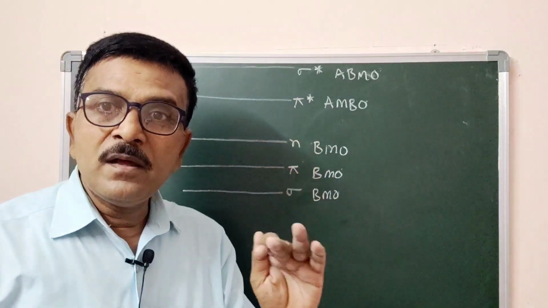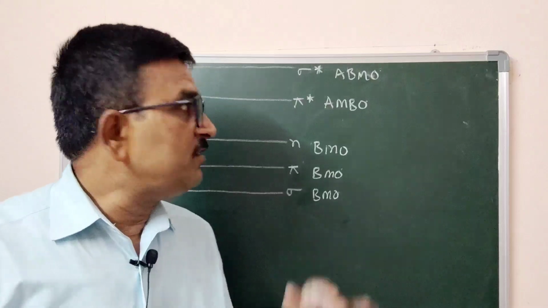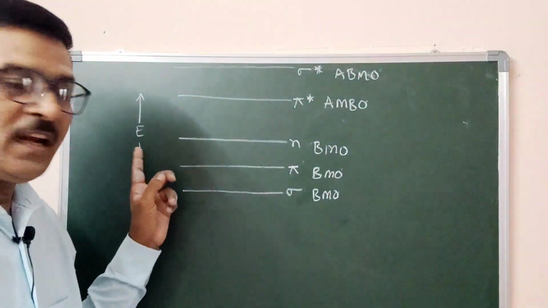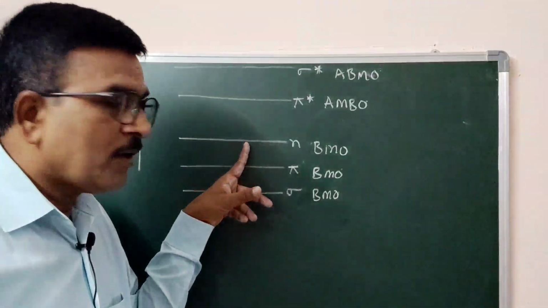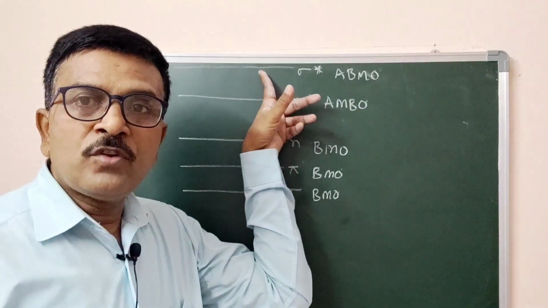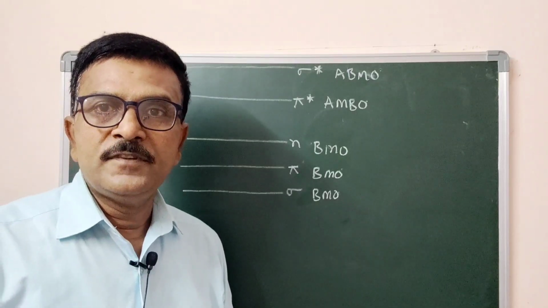These are the orbitals situated according to their energies. This is the energy increasing order: lower energy, somewhat higher energy, moderate energy, further higher energy, and most higher energy for the sigma anti-bonding molecular orbital. Is it clear?